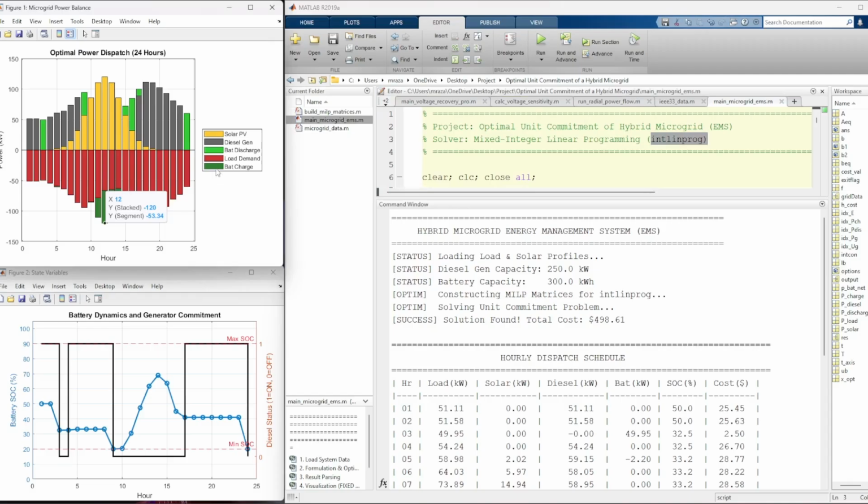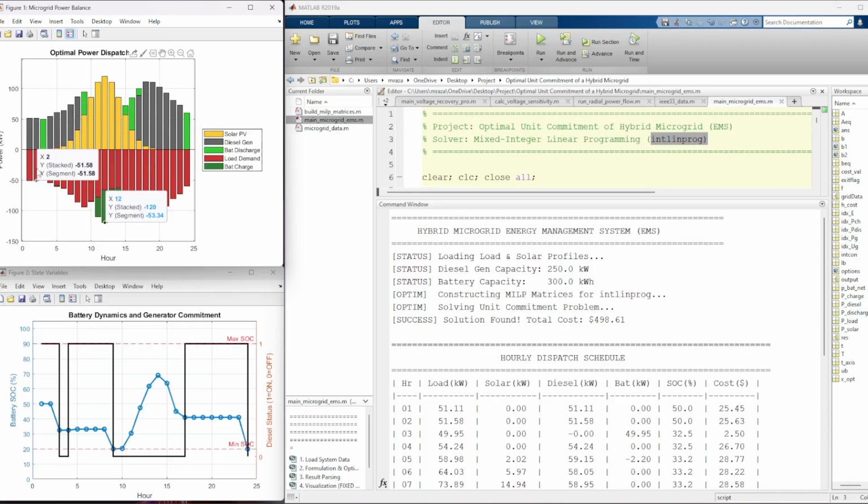So let's start with the optimal power dispatch chart. Here on the x-axis we have 24 hours, and in this chart you can see the red bars, which represent the load demand during the day. During the day we have more load demand as compared to the early morning and the evening. The gray bars represent the diesel generator.